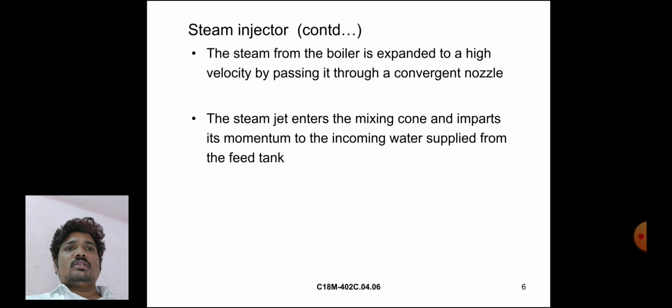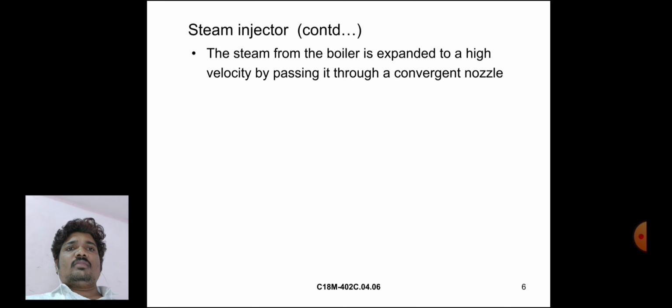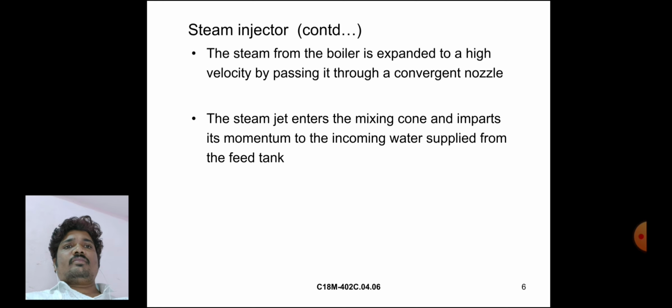Steam injector. The steam from the boiler is expanded to a high velocity by passing it through a convergent nozzle. The steam jet enters the mixing cone and imparts its momentum to the incoming water supplied from the feed tank.